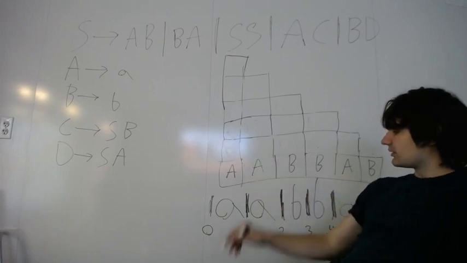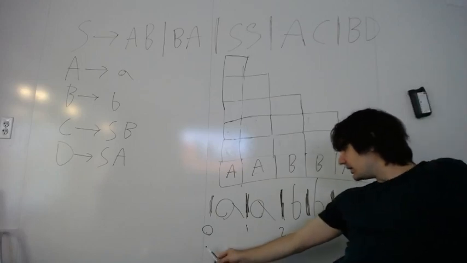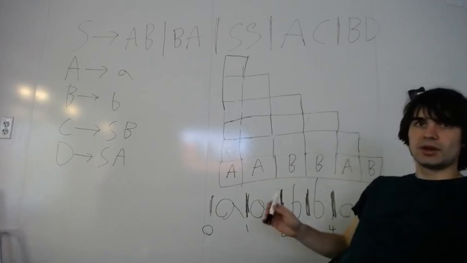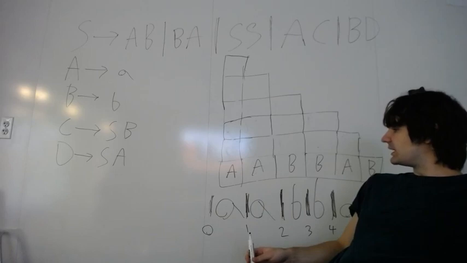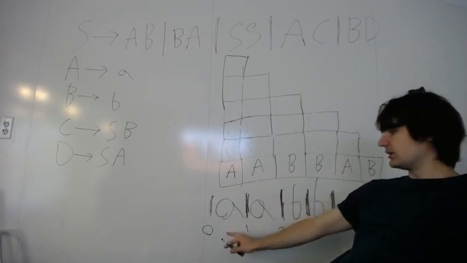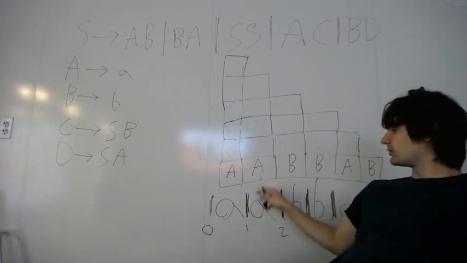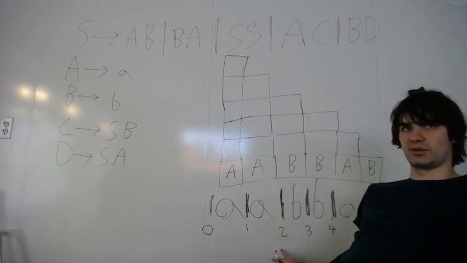When we go to the second layer, we're asking, what can I do to generate the substring between 0 and 2? But we can answer that question by looking at what generated the substring between 0 and 1, and the substring between 1 and 2. Does that make sense? Yeah.